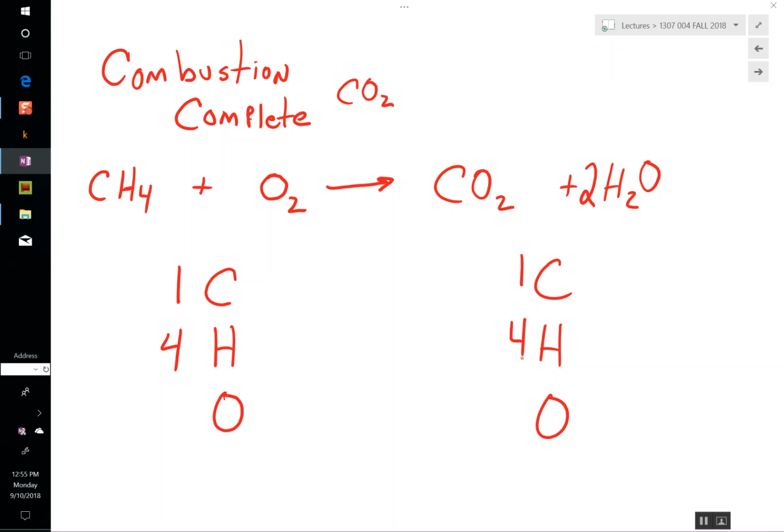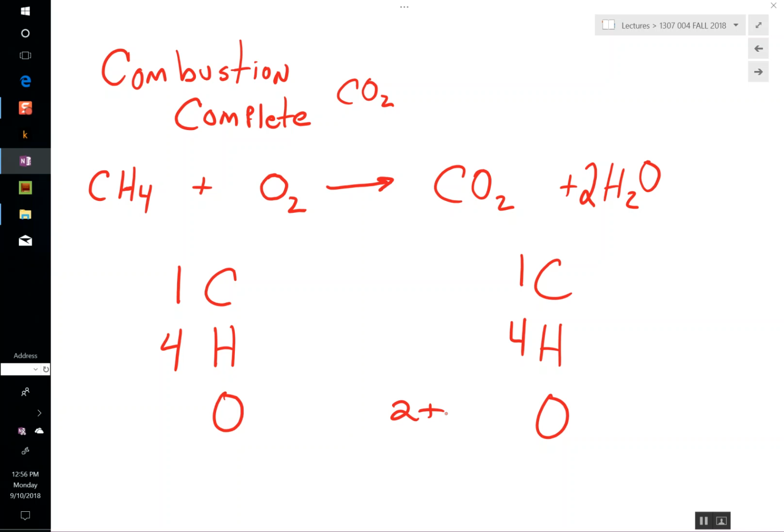So now I come over here on the product side and I say if that methane is going to produce 1 carbon dioxide and 2 water molecules, how many oxygens are going to be represented in those molecules? How many oxygens are represented here? 2. How many oxygens are represented here? 2 times 1. There's an understood 1 right there. Every water molecule has an oxygen in it.